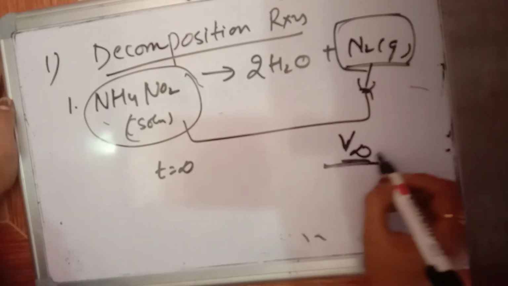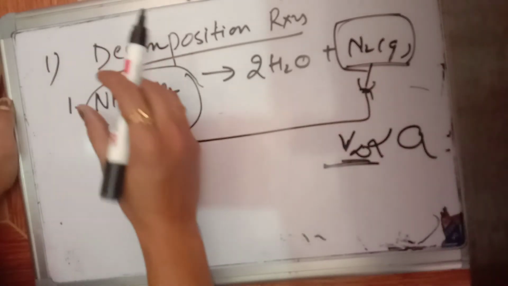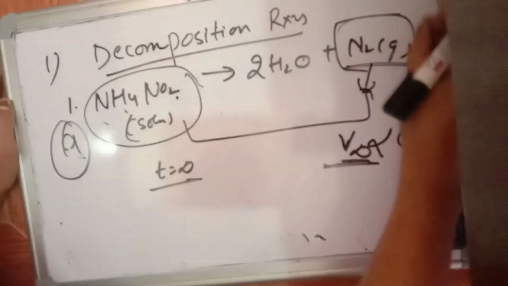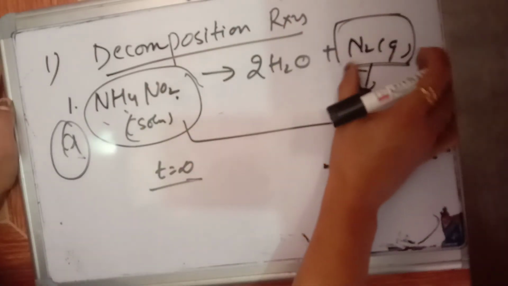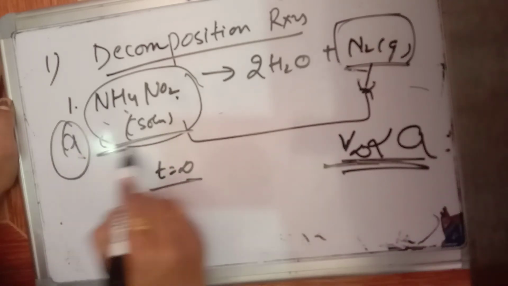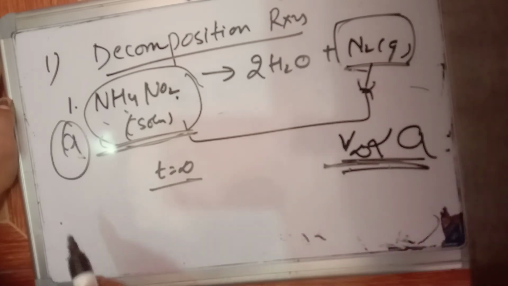It will be proportional to the initial concentration of a, because if I have taken a amount of ammonium nitrite, at time infinity the whole is converted to nitrogen. So V infinity is proportional to a.